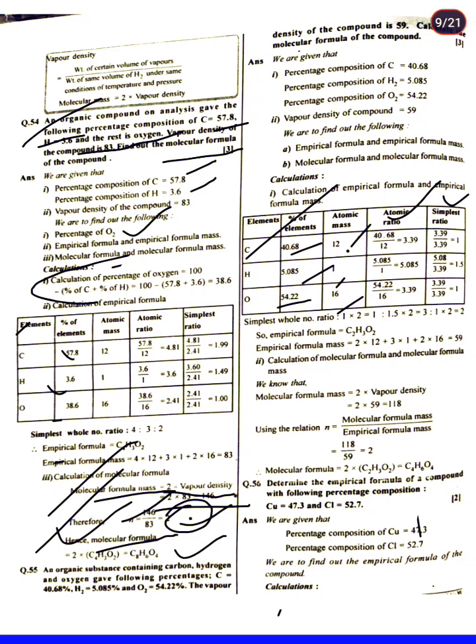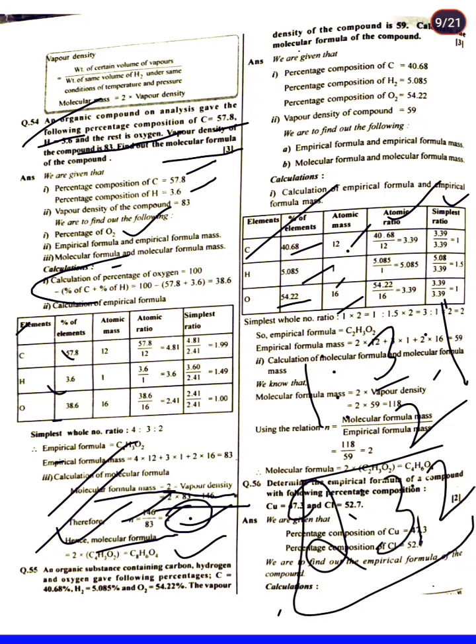So here, 1.5 can be written as 3/2 and 1, and by LCM it will give 2:3:2. Okay, this is the simplest ratio, so the empirical formula can be written as C2H3O2. So this is the empirical formula.